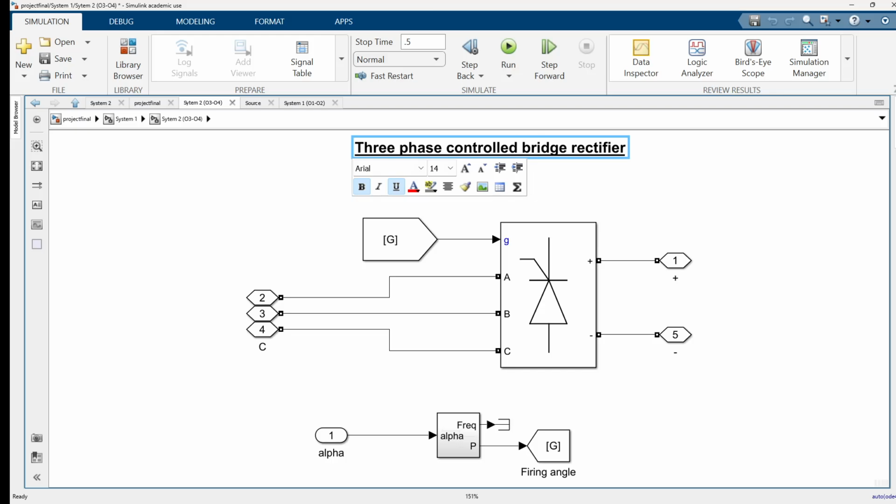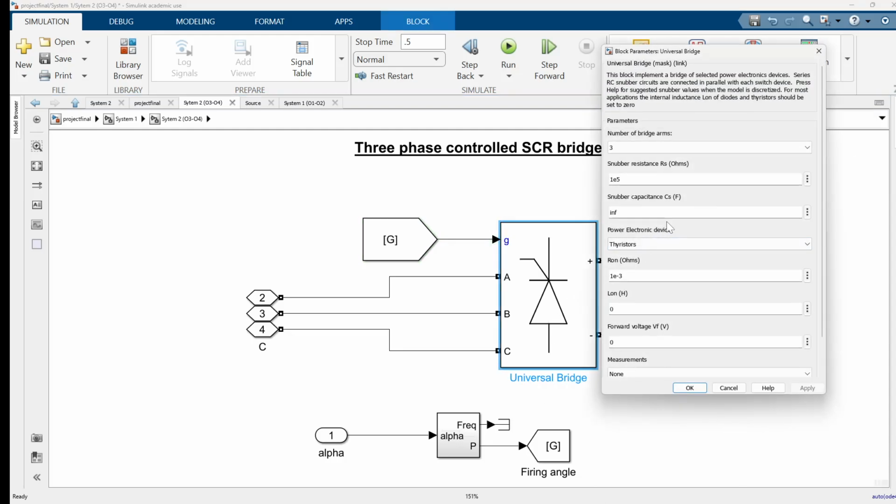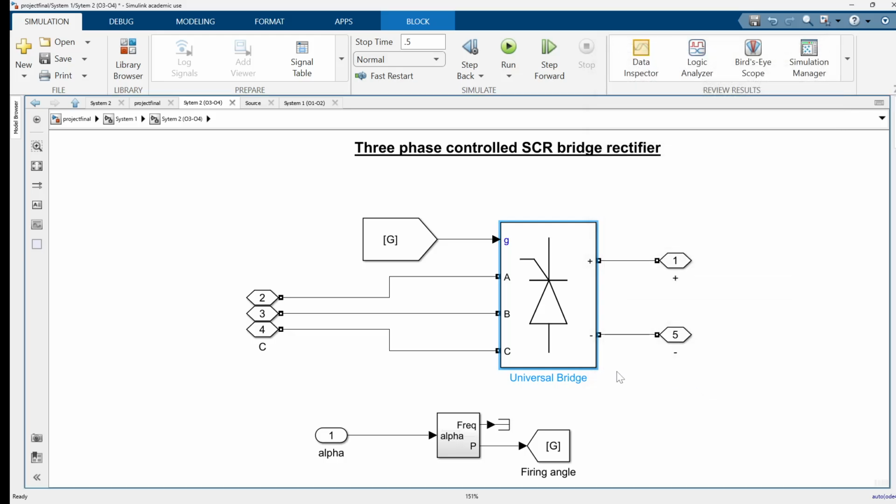So this should be an SCR bridge rectifier. Here are the terminals or the parameters.